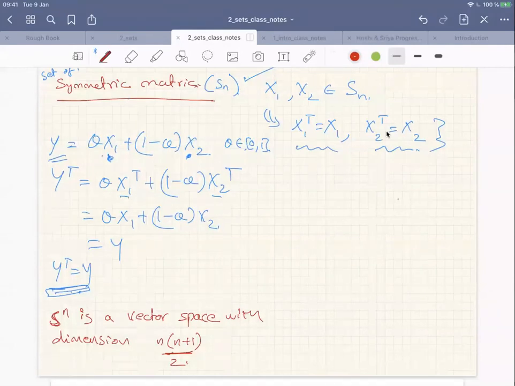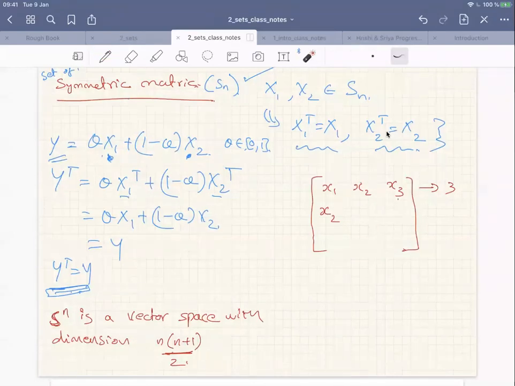How? For example, let's consider a symmetric matrix with first row x1, x2, x3. Here we have three elements. Since this is a symmetric matrix, this guy has to be x2, same as this guy. Then this is a new element, x4, x5.